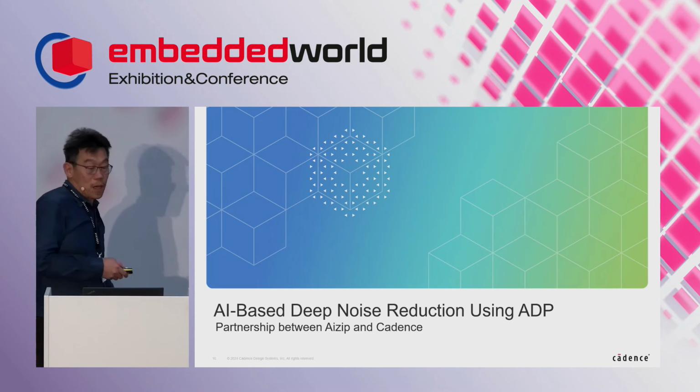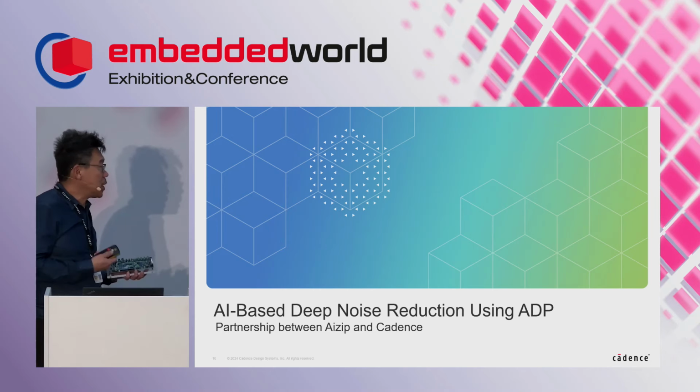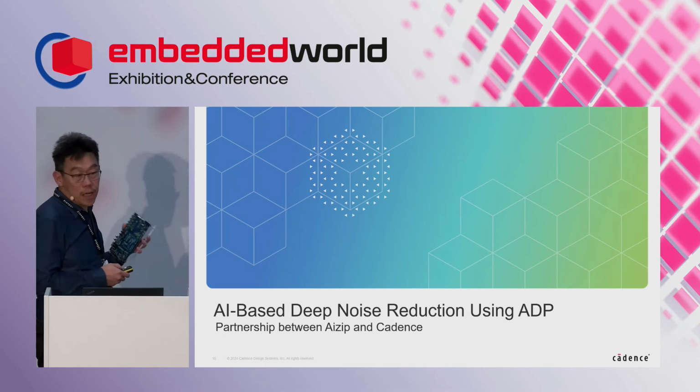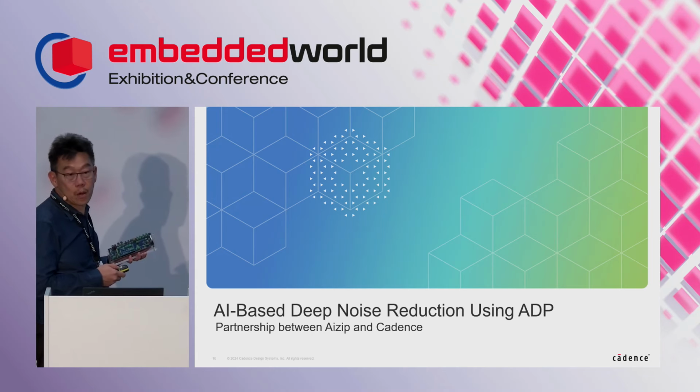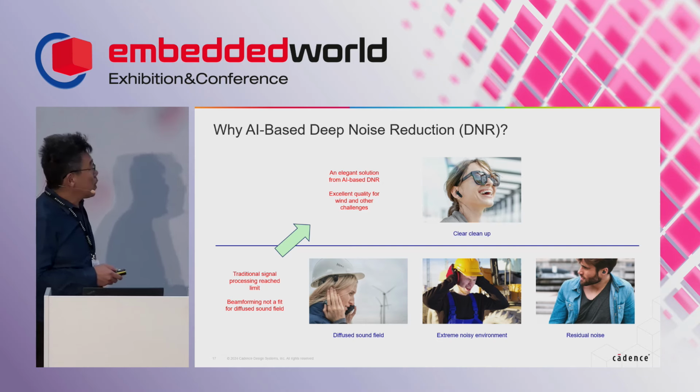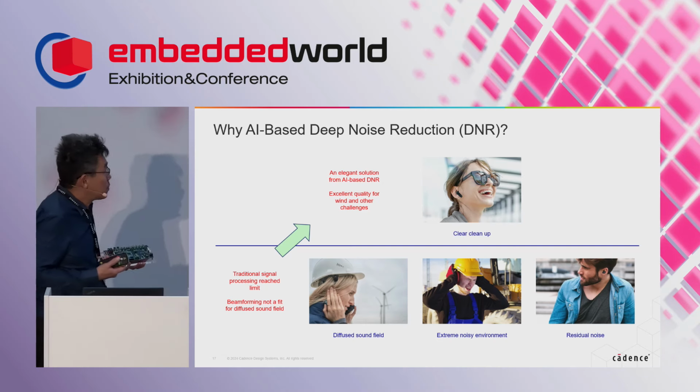Now I want to talk about how simple it is to deploy an AI-based noise reduction using the ADP. The AI-based noise reduction is provided by one of the Cadence software partners called AIZip. Why do we need to care about AI-based noise reduction?